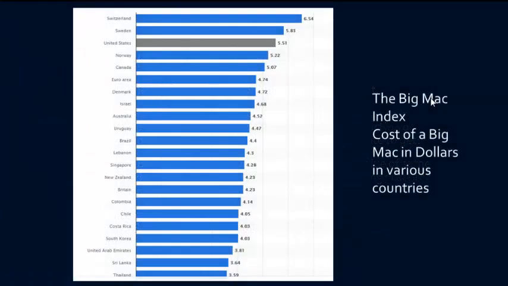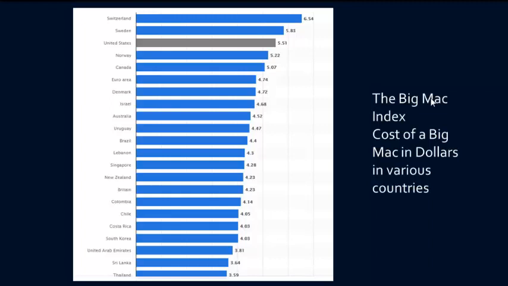So here is a very simple real exchange rate. This is called the Big Mac index. It's the cost of a Big Mac in dollars in various countries. So Switzerland is right at the top with $6.54 for purchasing one Big Mac, and in Sweden it's 5.83, and in the US it's $5.50 to purchase a Big Mac.